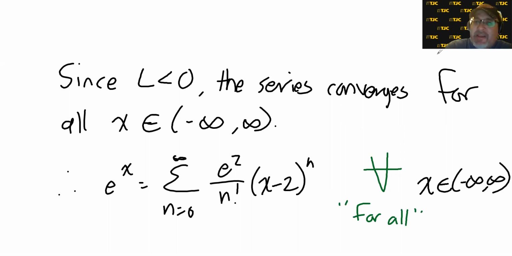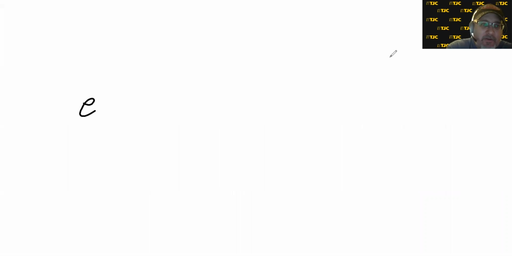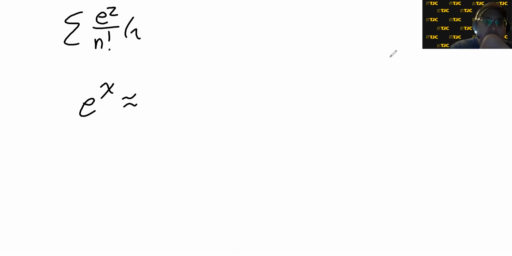And if we wanted to expand the series just for kicks, then we could say that e to the x is approximately, well, it would help if I had the series here to look at. Here we go. There's our series, our Taylor series. So if we were to take this out to a few terms, if n equals 0, then we get e squared over 0 factorial, which is 1, times x minus 2 to the 0 power, which is also 1. So we get e squared.